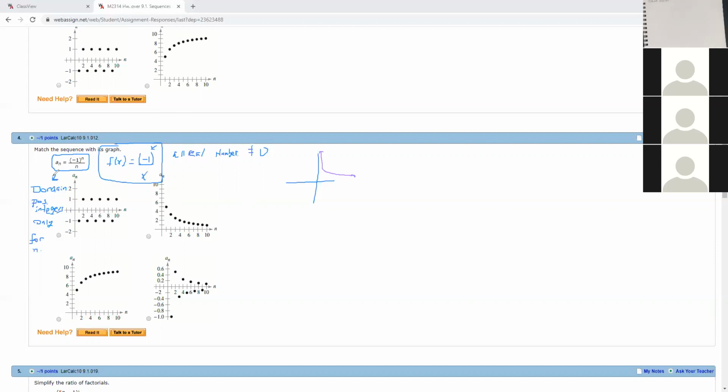So that's one. And now, again, a sub n is supposed to give us a clue that this is just a list of numbers, not a complete graph with a completely connected or continuous amount of points.